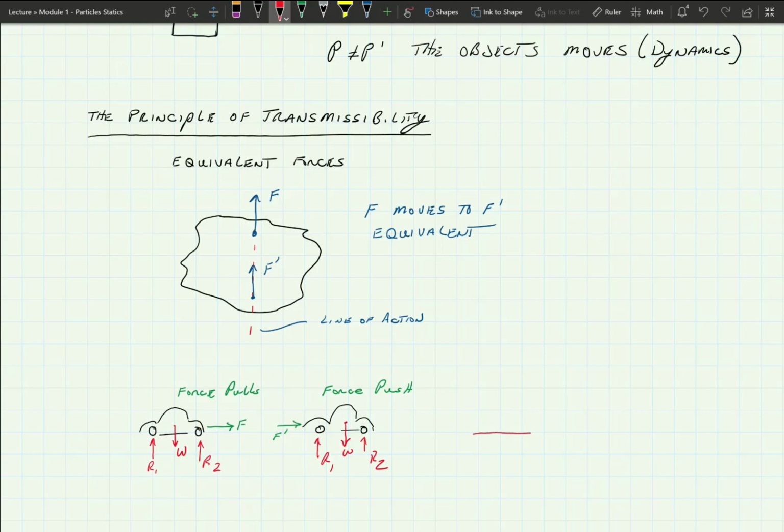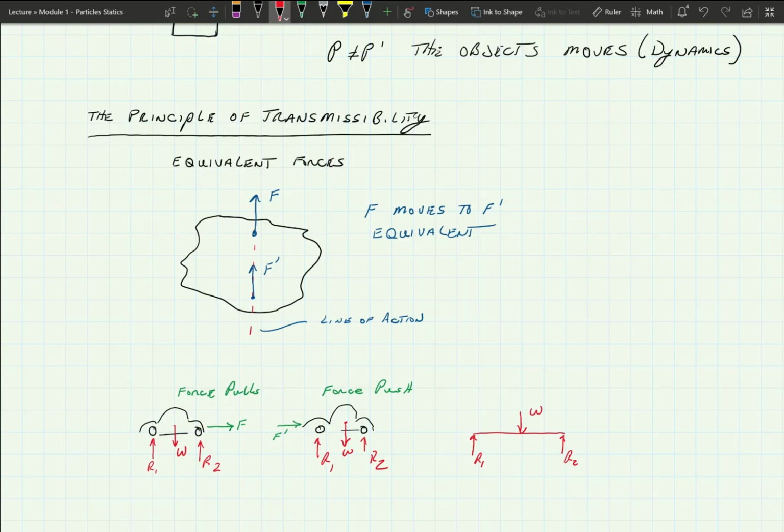As long as we're going to have some fun here, I might as well teach it. If we have a reaction at the back wheel, R1, and the reaction here, R2, and a force W pushing down, we have a static problem to solve. And that's where forces come in and why we do that.